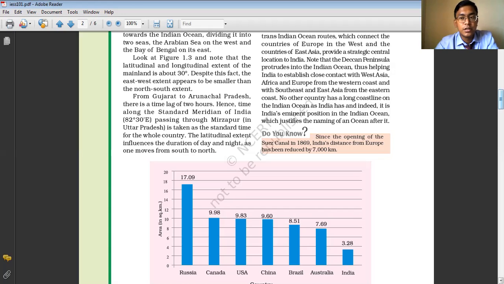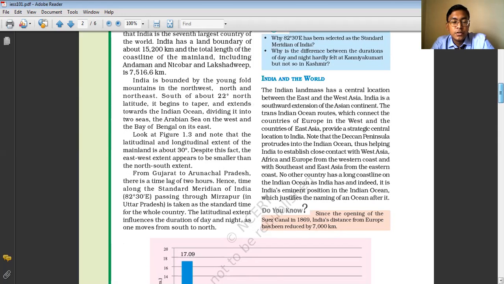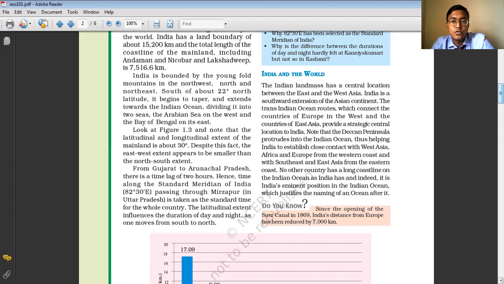The duration of night is quite more than the day. So this is the implication of 30° variation in the latitude and the longitudinal extension of our country. So this is what about the size of our country and its implications.